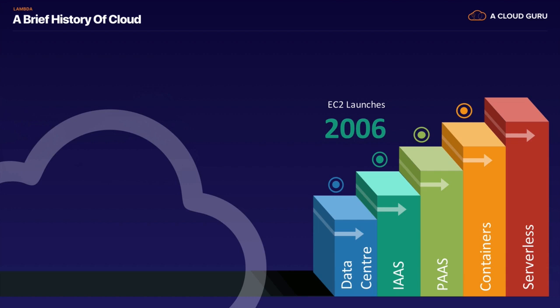And then Amazon came in and launched EC2 in 2006, and suddenly you could provision virtual machines just using a simple API call. You could have a machine ready in minutes, and it completely changed the entire architecture, completely changed the entire game. Public clouds started becoming bigger and bigger.